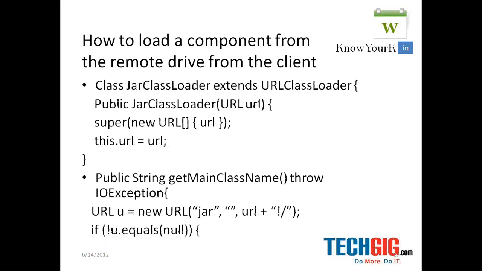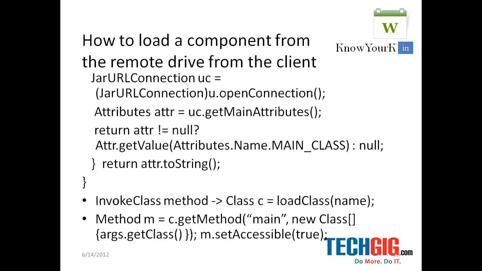So here you have a public getMain method, getMainClassName, where it basically pulls the name of the specific resources within the jar file. If your URL is not equal to null, then you basically have a connection object being created for you.